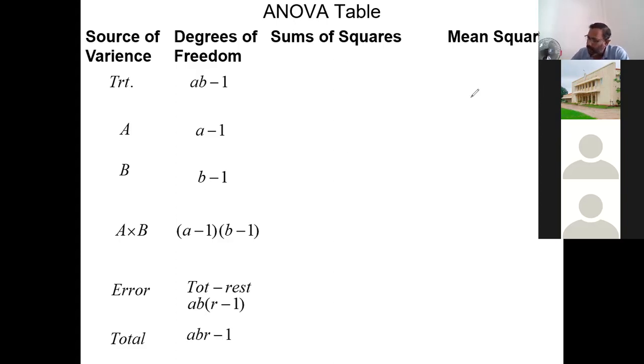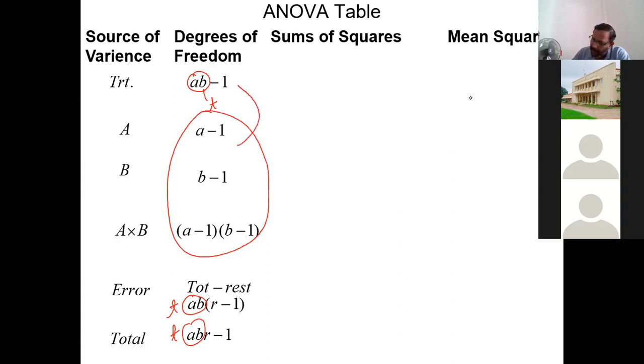Always you end up with the same as in CRD. So here, this is T, this is T, this is T. Look at it, in CRD, all are the same. If you add all these degrees of freedom, it should be equal to the total. Mathematically, as homework, you can try A minus 1 plus B minus 1 plus A minus 1 into B minus 1.